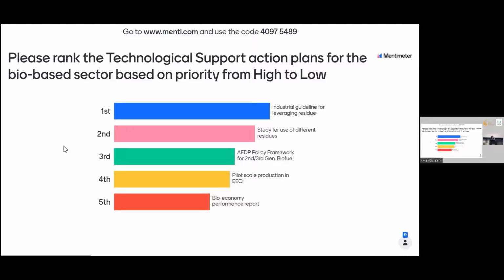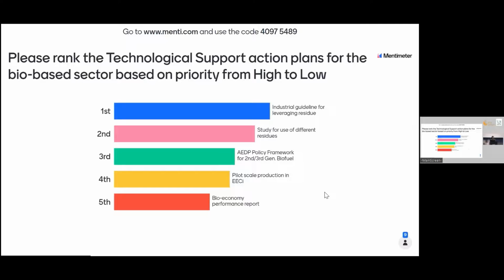Through our engagement, we have already created quite a good database on what kind of residues are available and what kind of international best practices are in use for diverting these residues into different kinds of industries. However, a more formal study, which can be done in Thai language and can be extended to the public and private sectors, would definitely be beneficial.